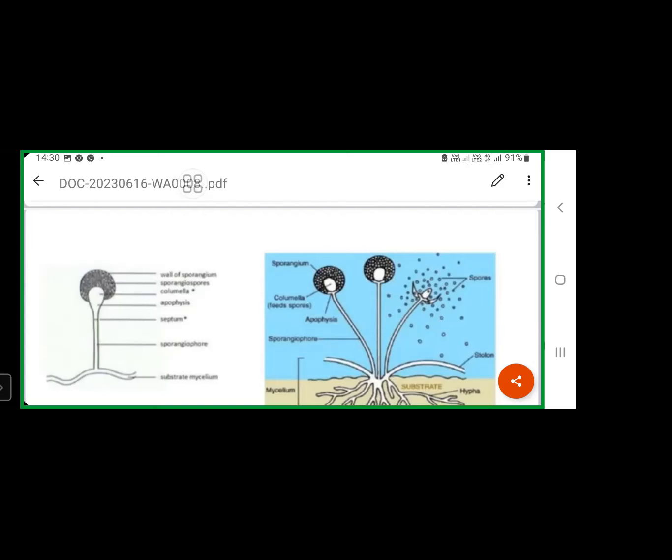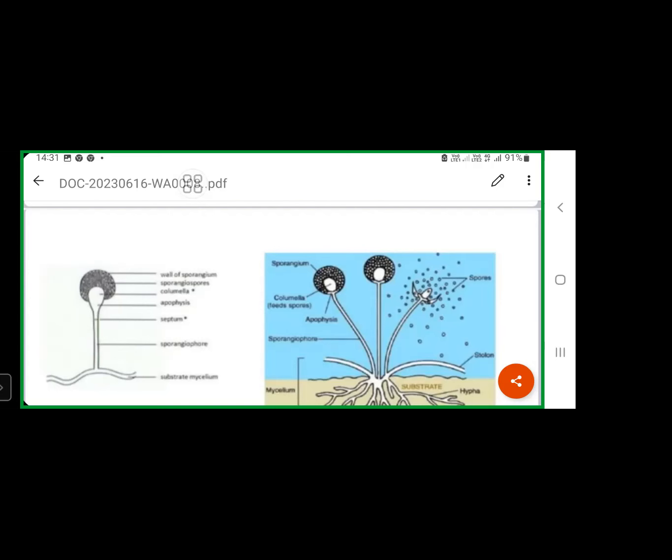So this Mucor appears in two states. One is the mycelial state, and mycelial means filamentous state, and another one is the yeast-like state. All of you know how yeast cells are present. Yeast is a unicellular fungus. Sometimes by budding these yeast cells are produced continuously and arranged in the form of a filament, which is called pseudomycelium.